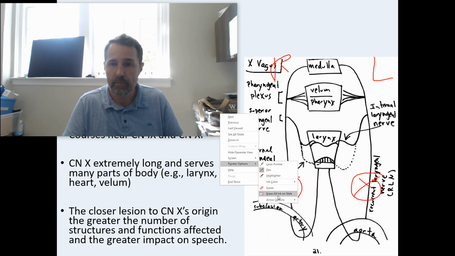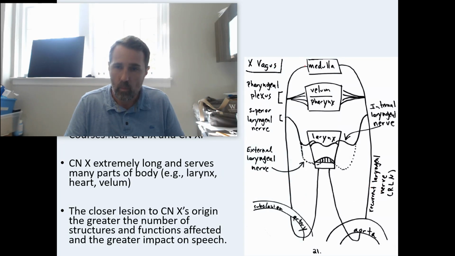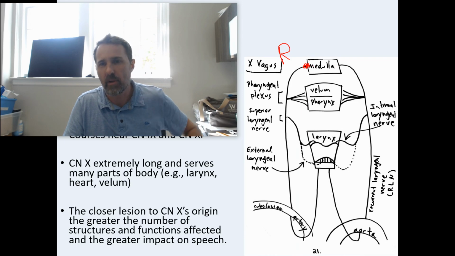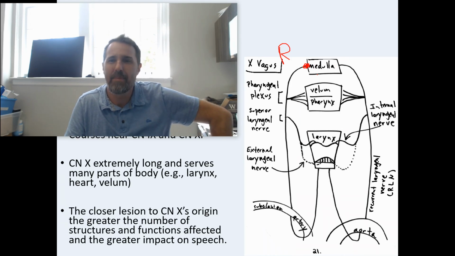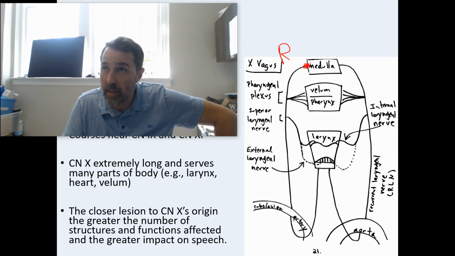All right. And once again, if you damage the vagus up close to the medulla, then that's going to impact everything below it. So damaging the right vagus, we'll say the right vagus cranial nerve nuclei, you're going to have a flaccid right side of the velum, so potential nasal regurgitation.